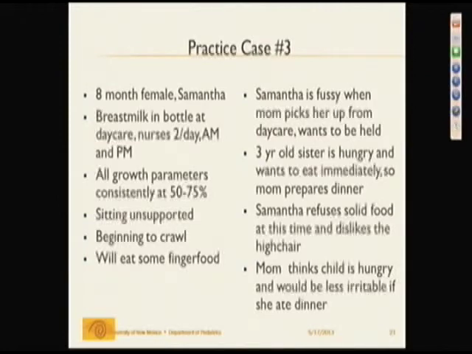Okay, so she's developmentally where we would expect her to be. She's growing reasonably.